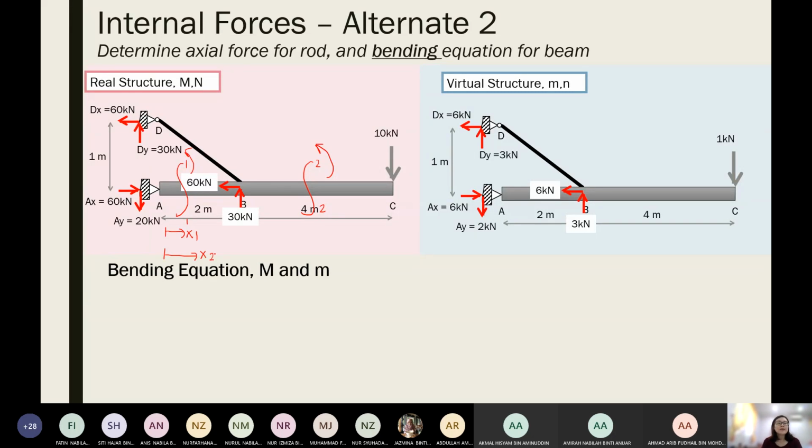Cut section x2 starting from A means that you are looking at the left section. So now at B, you cannot forget that there are some reactions happening at B due to this rod.